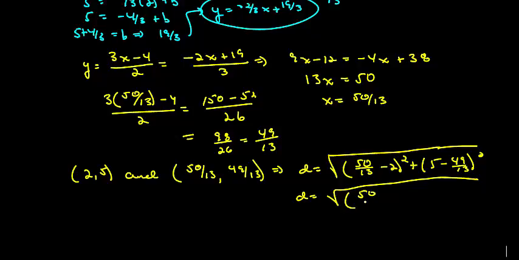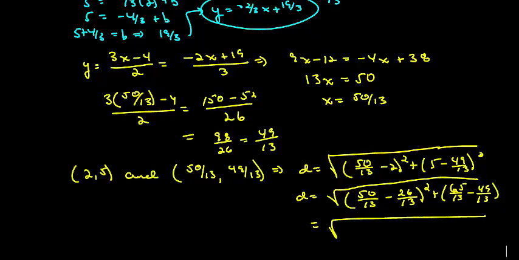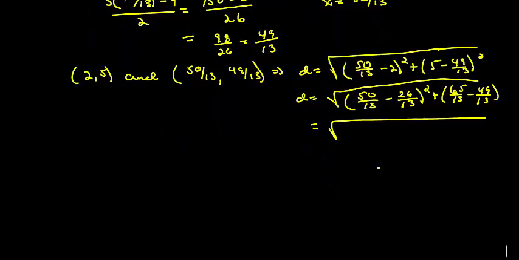So this is just algebra, I suppose we can work through it. So 50/13 minus 26/13, squared, plus, now I've got to get this over 13, so that's 65 over 13 minus 49 over 13, squared. Okay, so keep working this out.